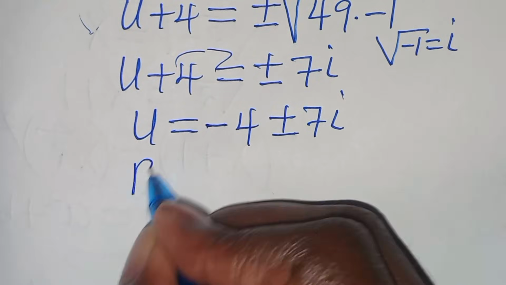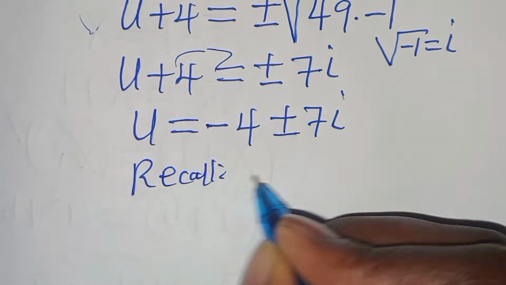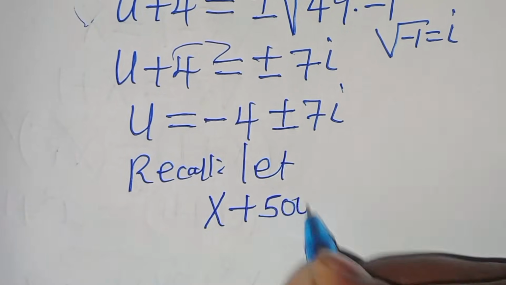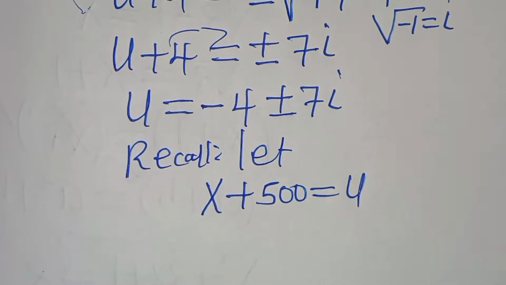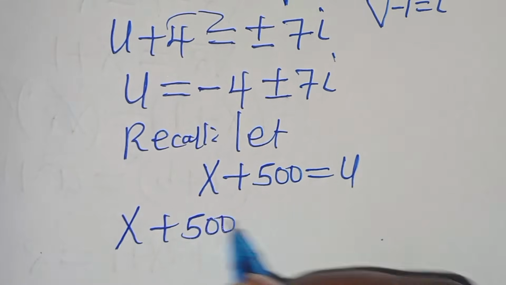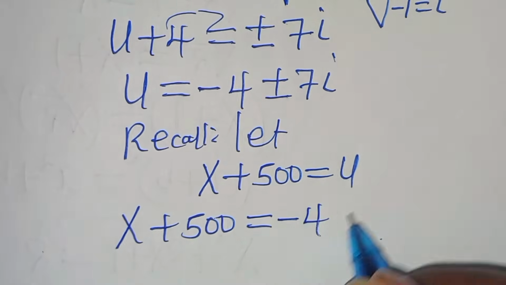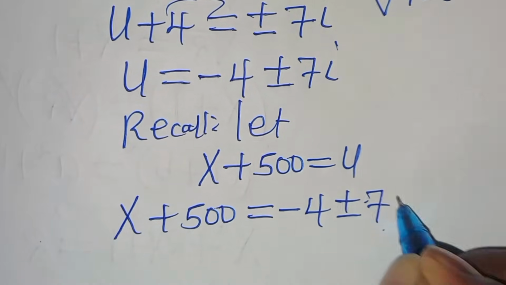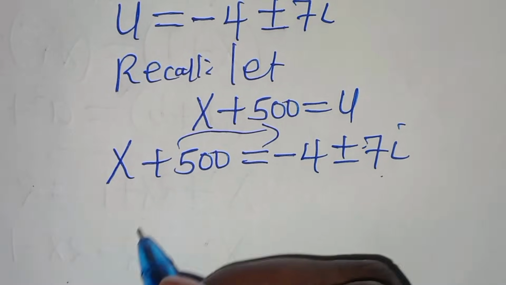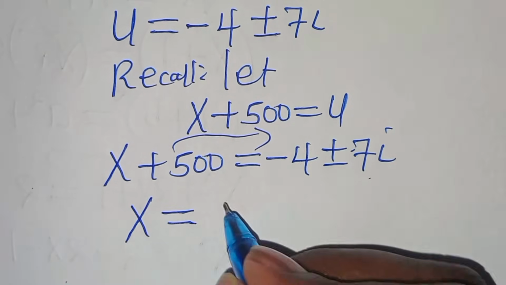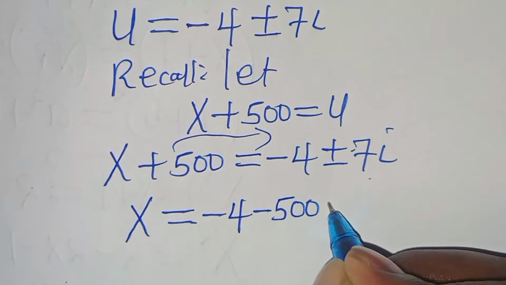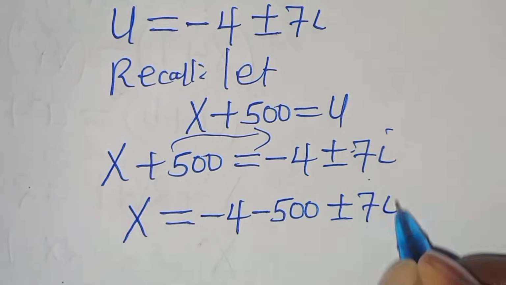Now again, if you recall, we let x + 500 be equal to u. So let's substitute this: x + 500 = -4 plus or minus 7i. Let's take +500 to the right hand side, and this means that x is equal to -4 - 500 plus or minus 7i.